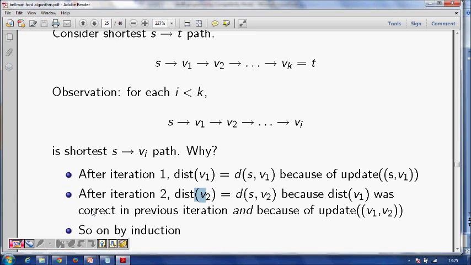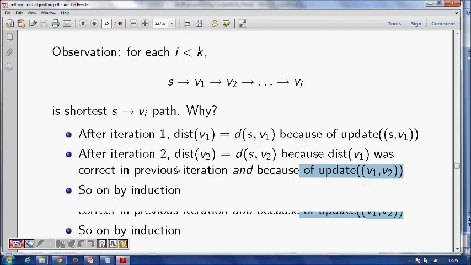So now the V1 to V2 relaxation will be done, and because of that V2 will also have a correct distance. So by induction, if you run n-1 times, where n is the number of nodes, you are sure to get the correct path.